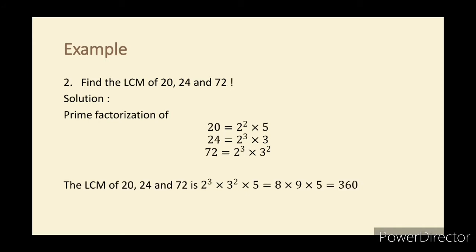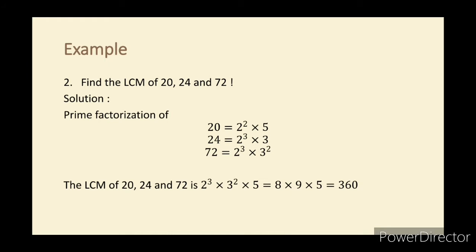Number 2. Find the LCM of 20, 24, and 72. Solution. Prime factorization of 20 equals 2 raised by 2 times 5. 24 equals 2 raised by 3 times 3. 72 equals 2 raised by 3 times 3 raised by 2.